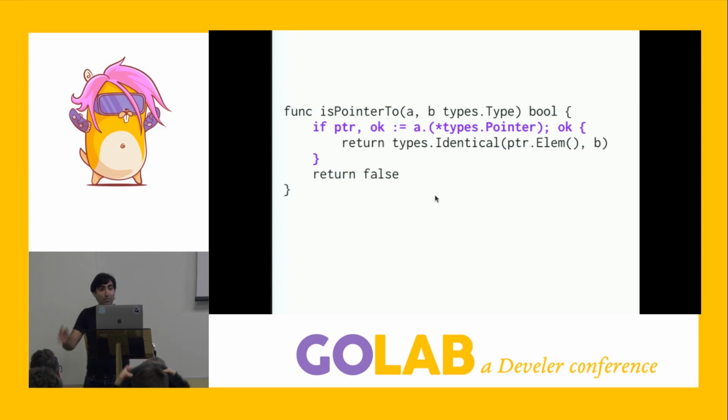And if the first type is a pointer type, if this type assertion succeeds, then what we're going to do is we're going to check the elem. So the elem of a pointer type is the type that it's pointing to. And we're going to check to see if that's the same as the second type. And if it is, if they're the same, then we know that the first type is a pointer to the second type. So that's isPointer2.